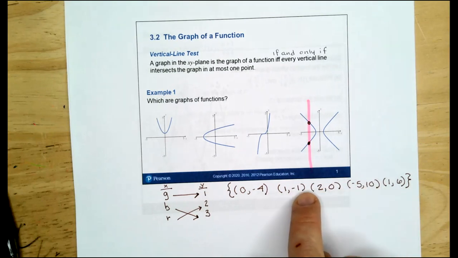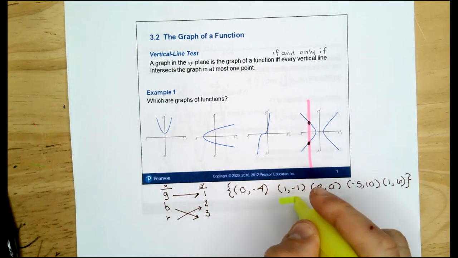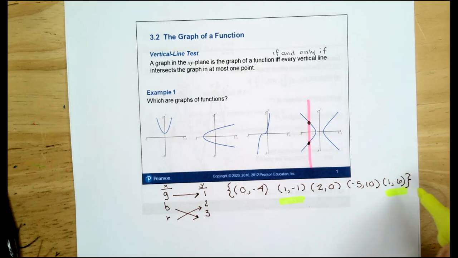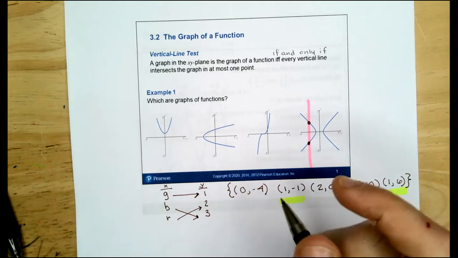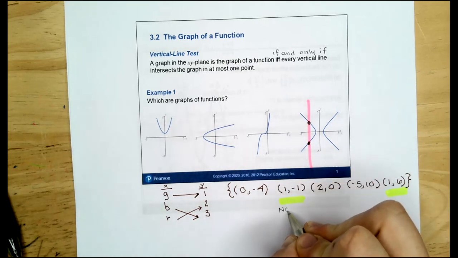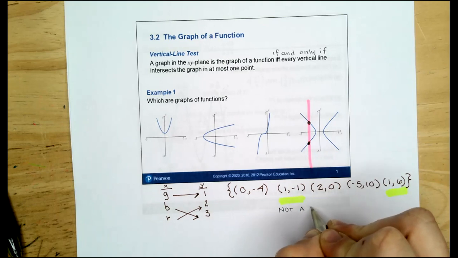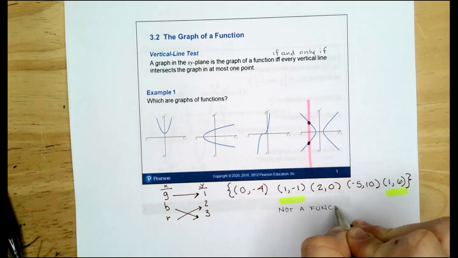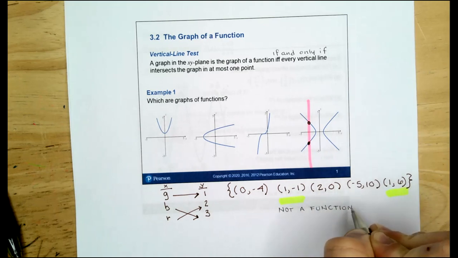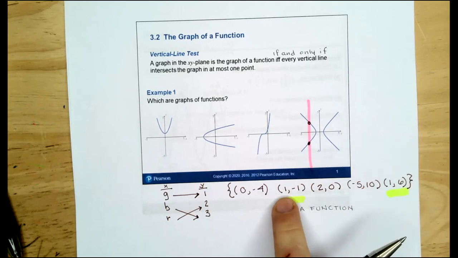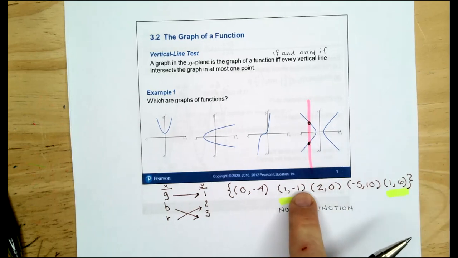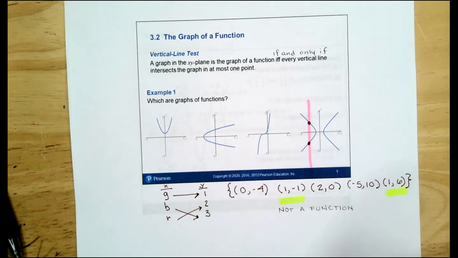Every time I put in 1, I get -1. Oh, no. Here, I put in 1, I get -1. Here, I put in 1, I get 6. This is not a function, because for this x value, I have either the y -1 or the y 6.